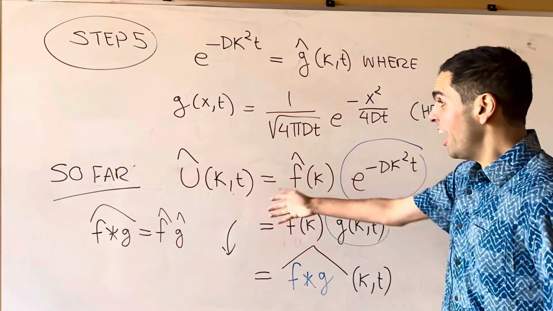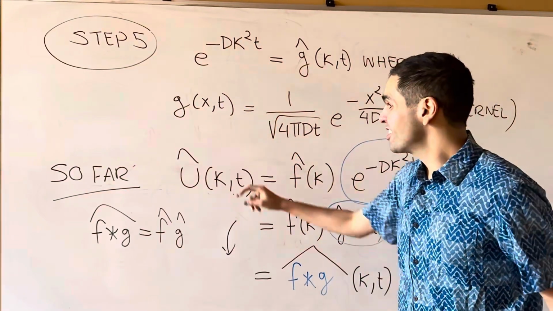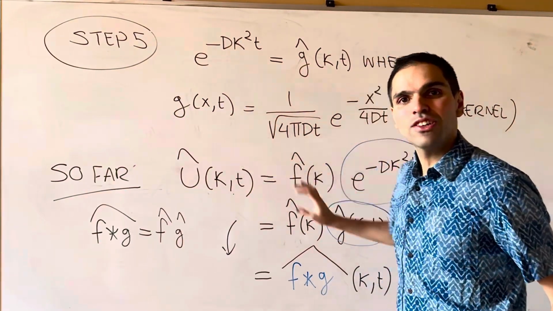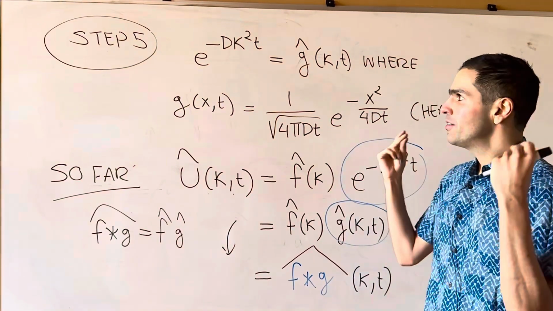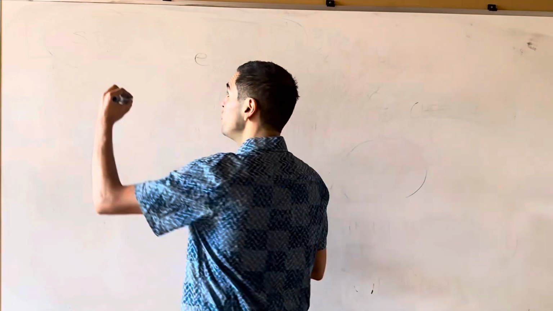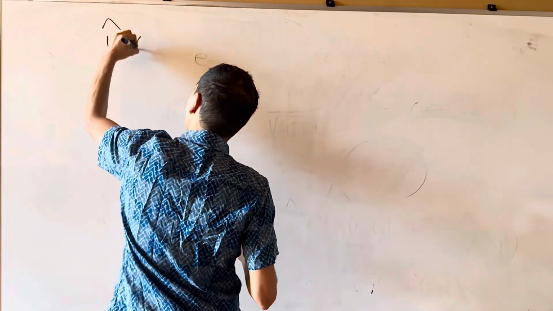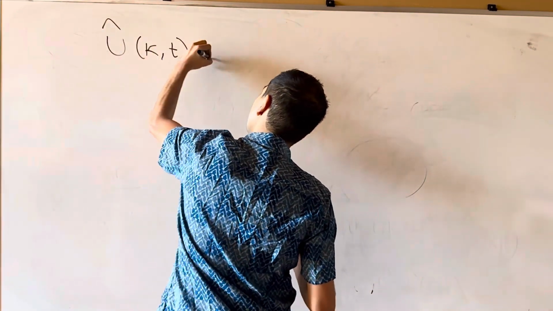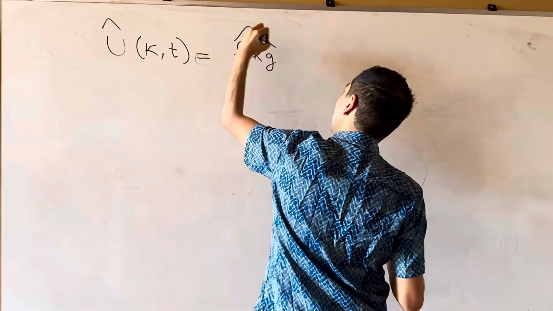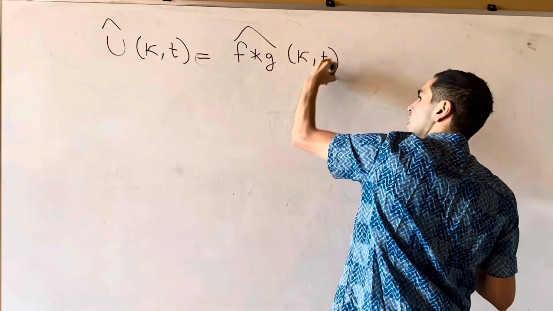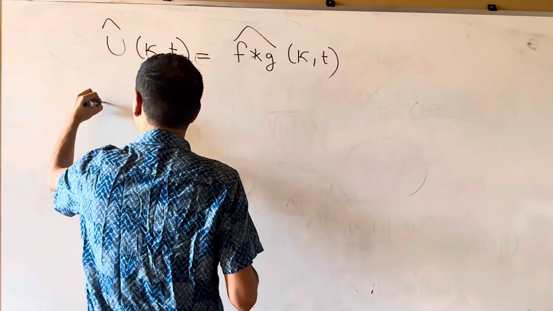Great! And now we're ready to uncover the villain. In other words, we're ready to remove the hats, because what we have is the following. So what we found is that u hat kappa, t is f star g hat kappa, t. And so now we can reveal our function u.